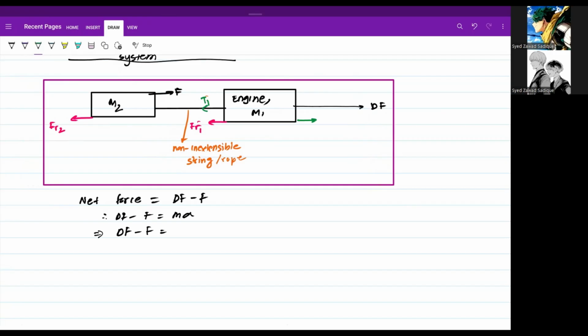This is going to be T1. Now, in a different color, this is moving this side, and tension is going to be towards the right.